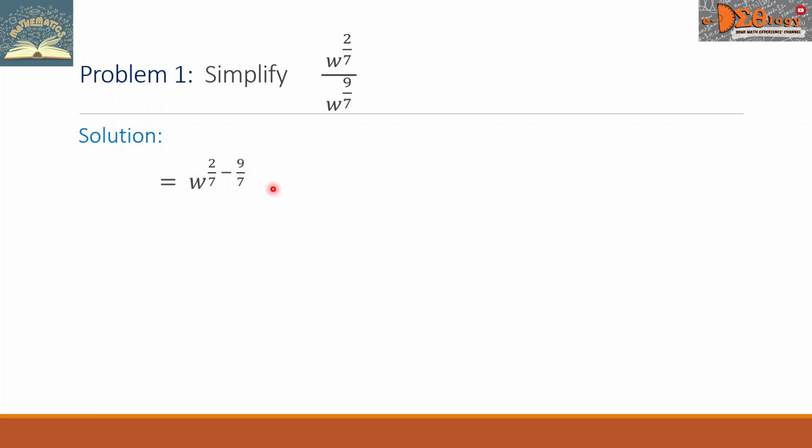In the powers, we have a difference of two fractions with the same denominator. So we have 2 minus 9 all over 7. In the numerator, we have negative 7 all over the denominator 7, so we can simplify our exponent into negative 1. So we have here w raised to negative 1.